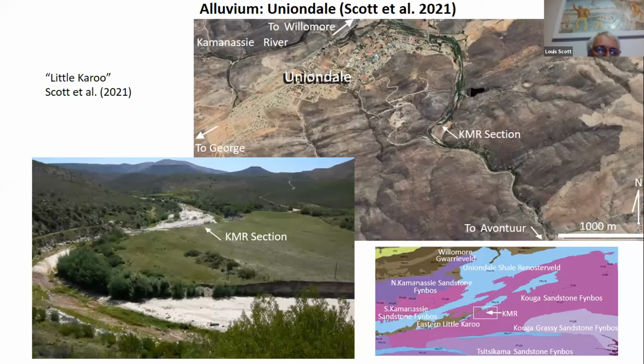Another case is this kind of deposit when we go much further south towards the Karoo region and on the edge of the fynbos. Now, from the Kouga Mountains, you have the stream coming out at Uniondale, and it forms this big lip of sediments.